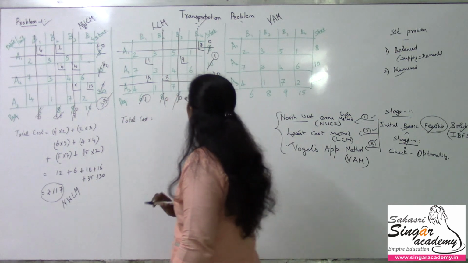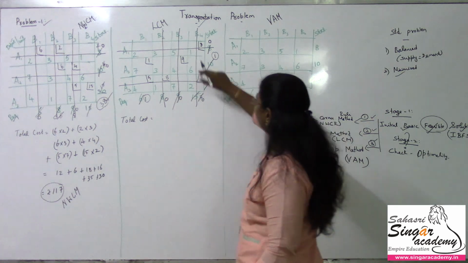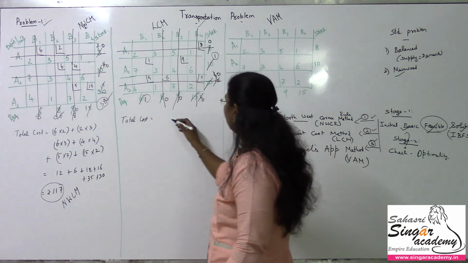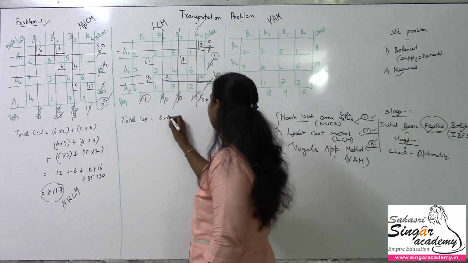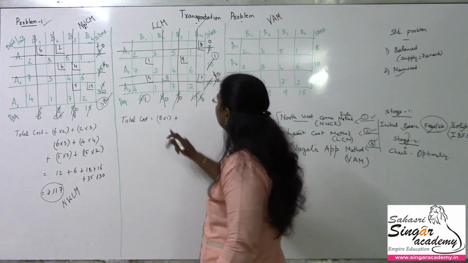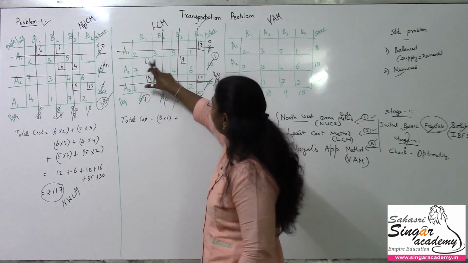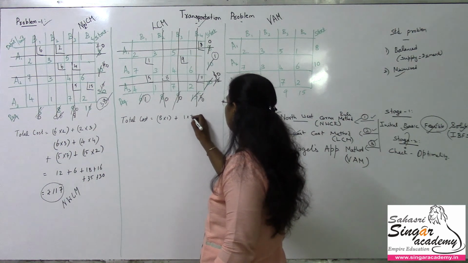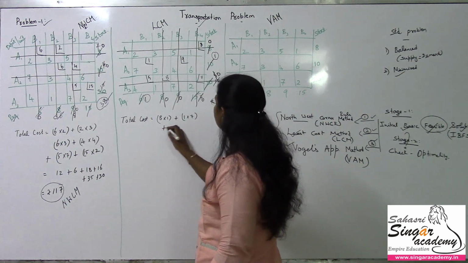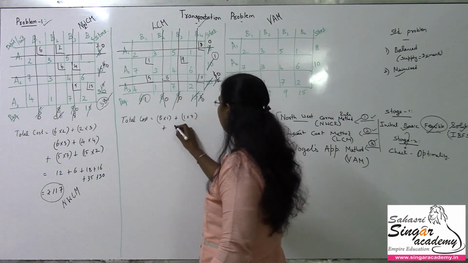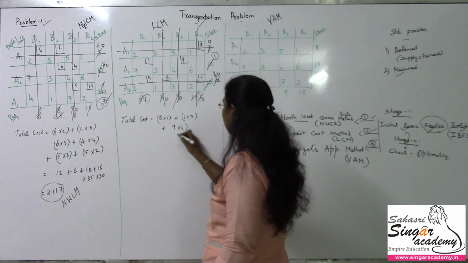Shall we? So let me go row by row. Here it is 8 units for 1 rupee. So 8 into 1, right? Plus 7 rupees for 1 unit, right? Plus 4 rupees and 9 units, 9 into 4.